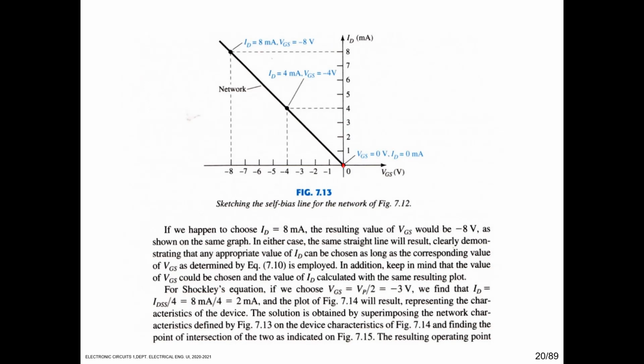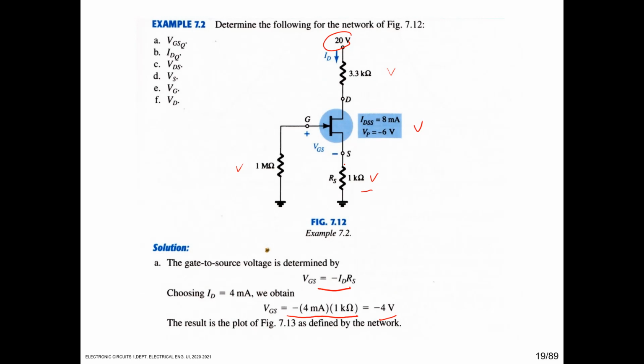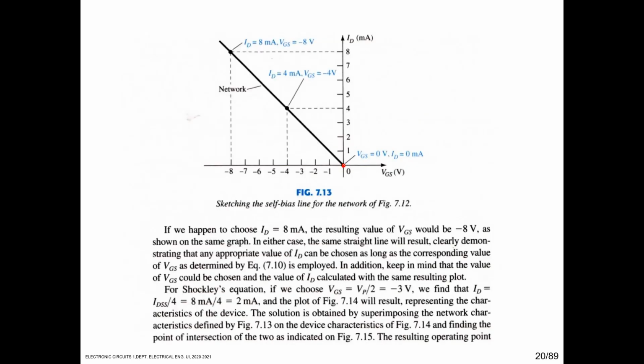The first one is when VGS is 0, ID is 0. The second is when ID is 4 milliampere, VGS is minus 4. So we have two points here, and we can check another point, but 2 I think is enough. And then we can draw the circuit characteristic like this one.